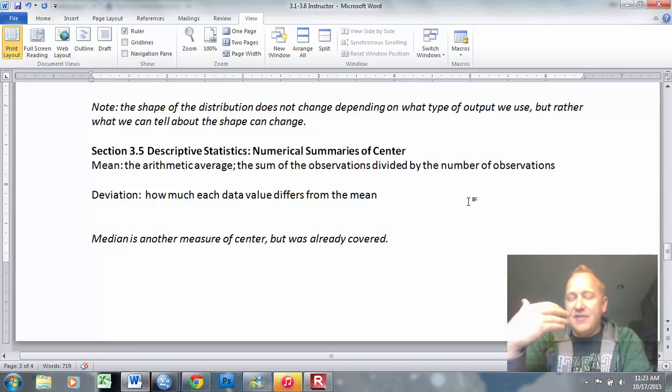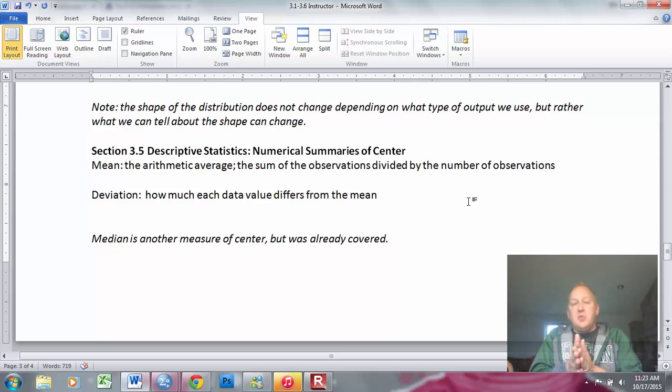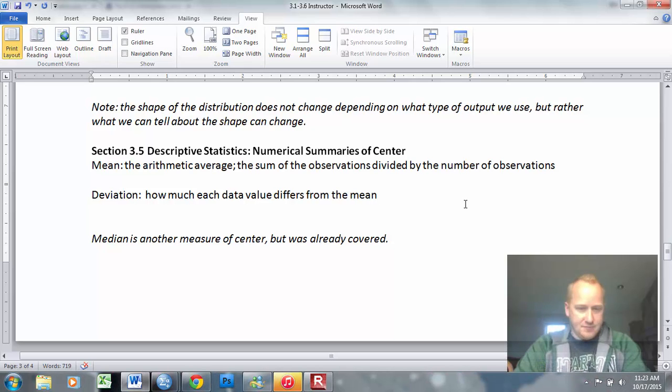What that means is I have a deviation of 1. My height is 1 inch greater than the average. And that concept is going to be really, really important for what we do in the future. But a deviation is just simply the difference between each data value and the mean.